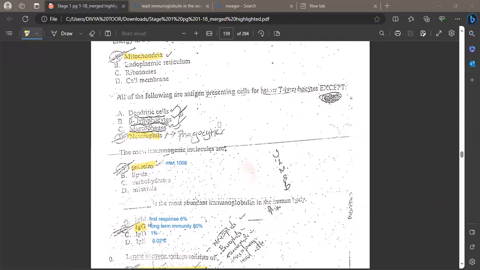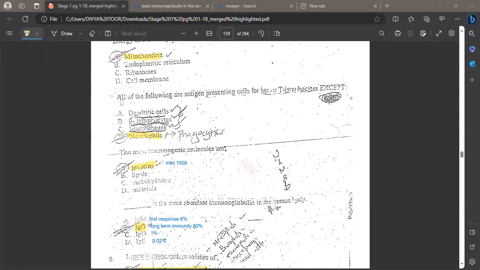Okay. All the following are APCs for helper T lymphocytes except dendritic cells, macrophages, and neutrophils. Neutrophils, because there are only three antigen presenting cells: the dendritic cells, the B lymphocytes, and the macrophages.